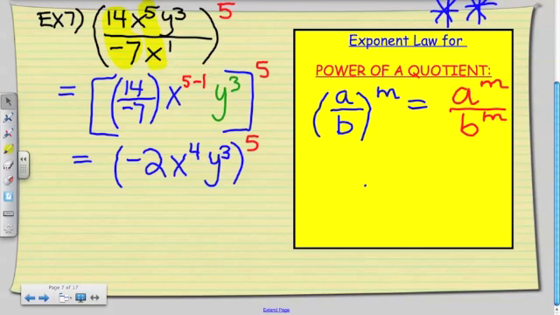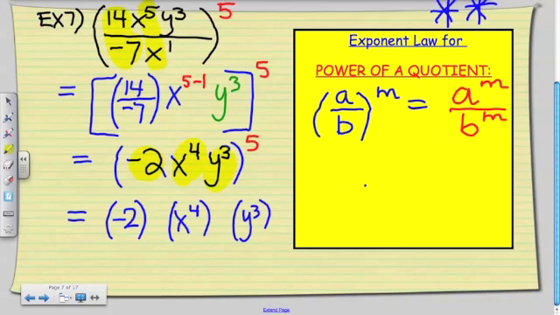That power of 5 is going to be applied to the negative 2, to the x to the power of 4, and to the y to the power of 3. So I'm applying the power of 5, the power of 5, and the power of 5.